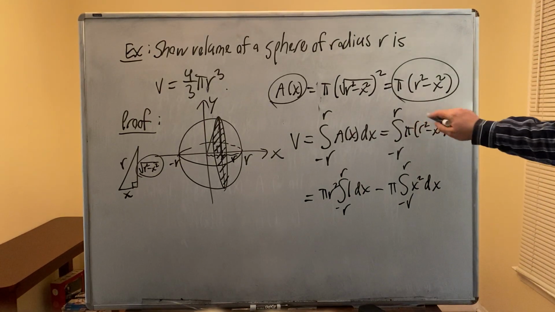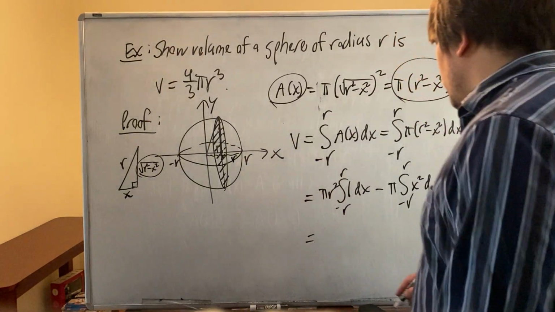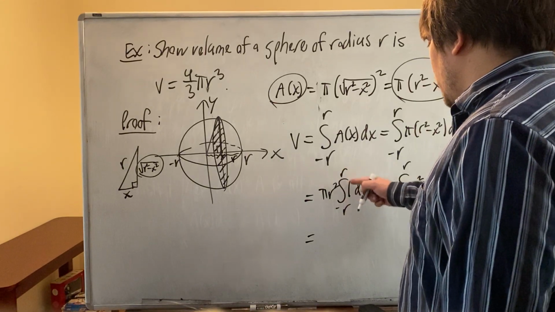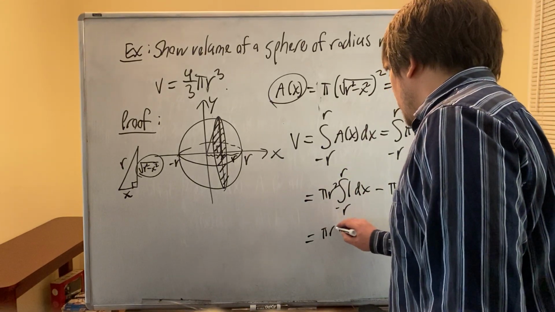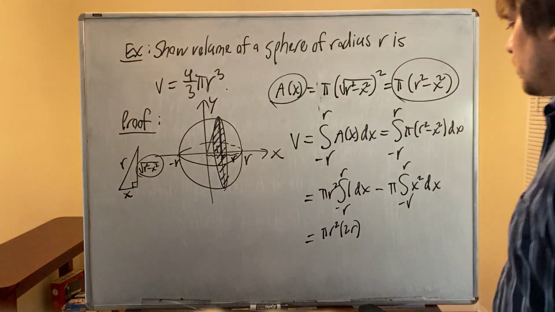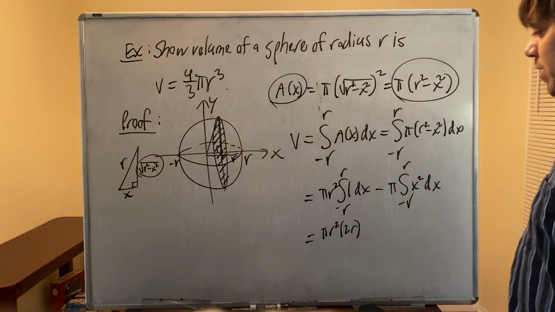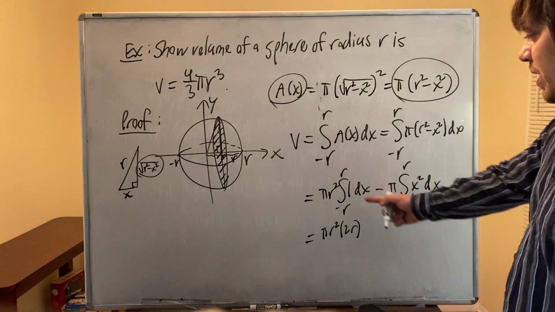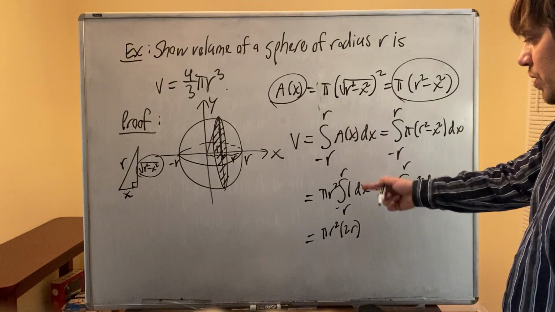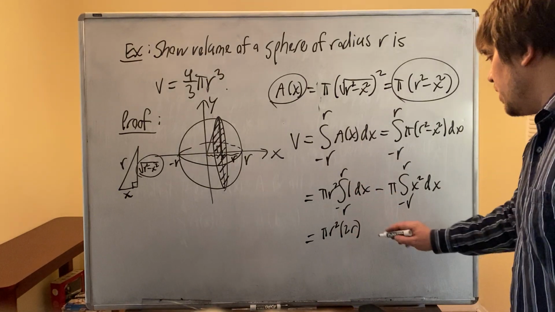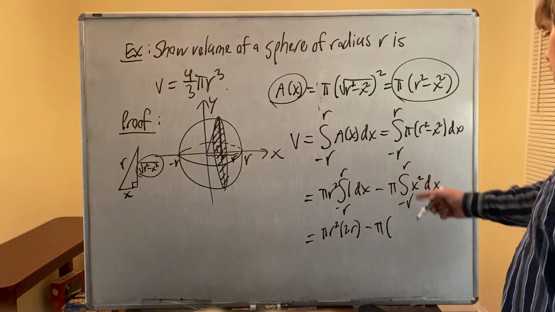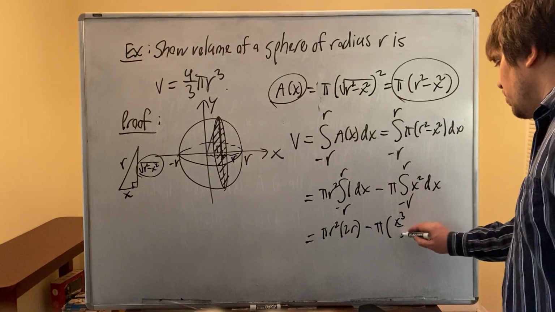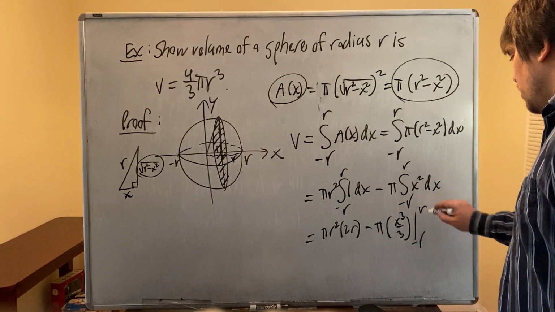So just to calculate this integral, this is equal to pi r squared times 2r, where you get x evaluated from negative r to r. So it's just r minus negative r, it's 2r. And this is minus pi times x cubed over 3 evaluated from negative r to r.